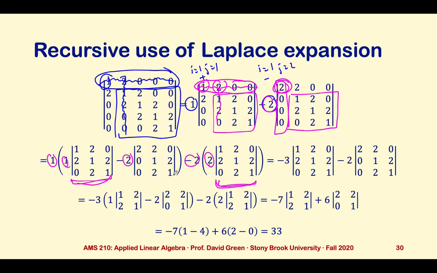And so let's simplify this expression. 1 times this determinant minus 2 times the same determinant gives us negative 3 times that determinant and negative 2 times this one. Right? Now we're down to the 3 by 3 case.